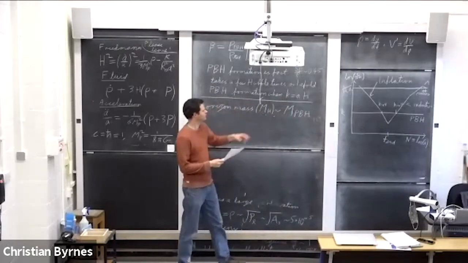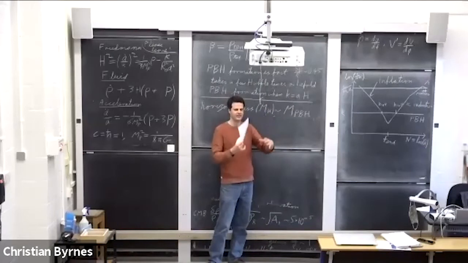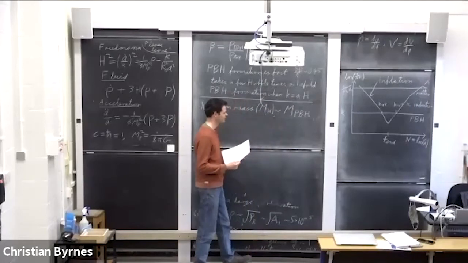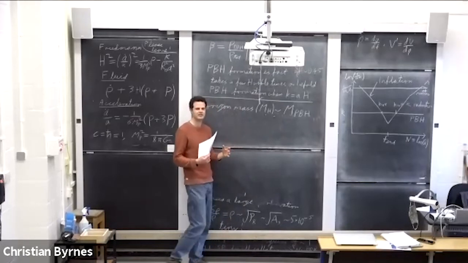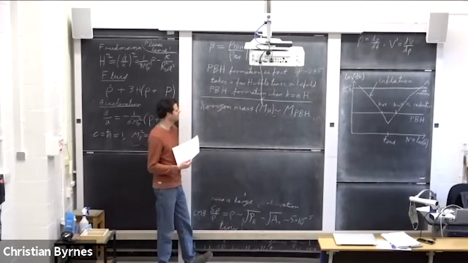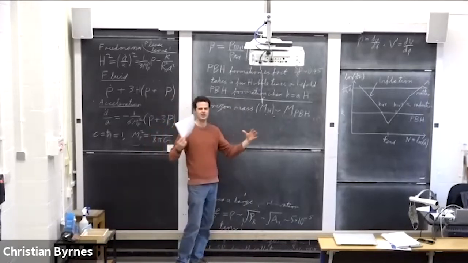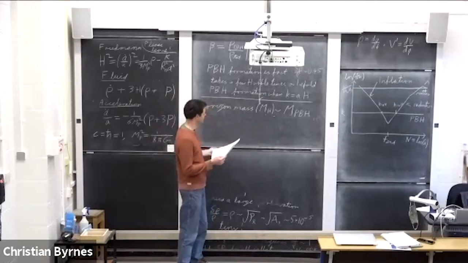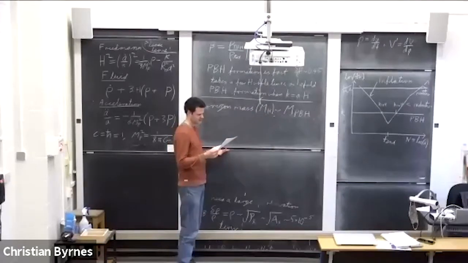Because we've got such a huge overdensity, pretty much everything is dragged on that scale into the black hole. And the density of the black hole itself is roughly the same as the density of the background universe at the time when that scale entered the horizon. However, it wasn't a black hole at that time because it was still co-moving outwards with the expansion. So we want to estimate the horizon mass.